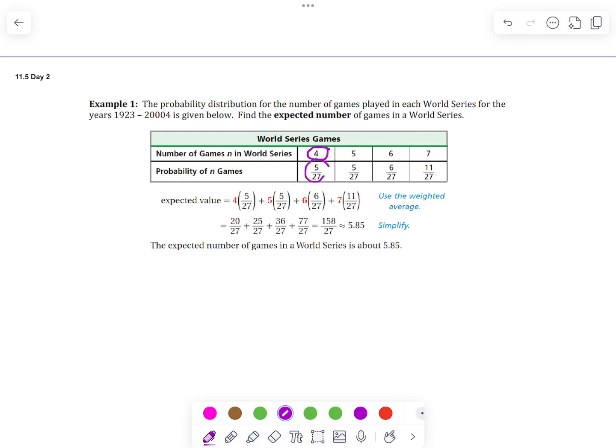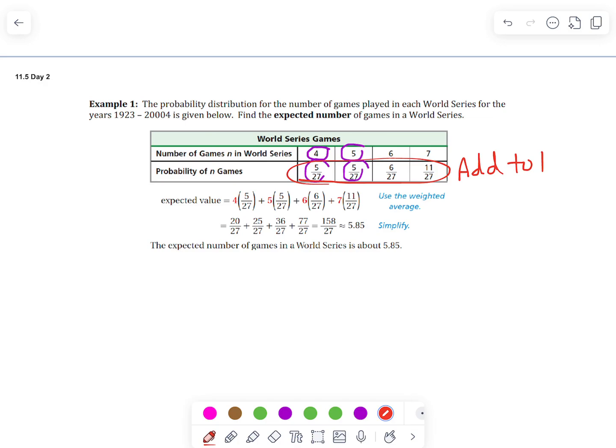And then we continue looking at our probabilities. So if there are 5 games, then the probability is 5/27. Notice that these fractions will always add to 1, because that would represent 100%.